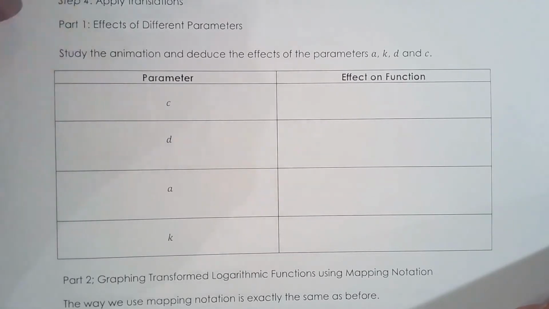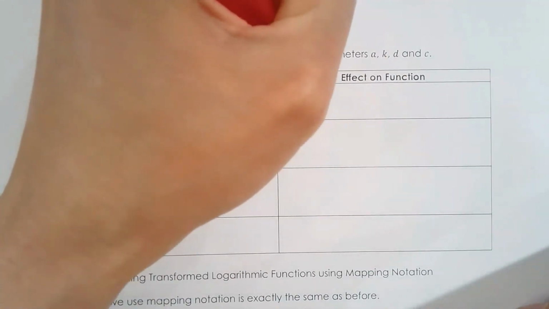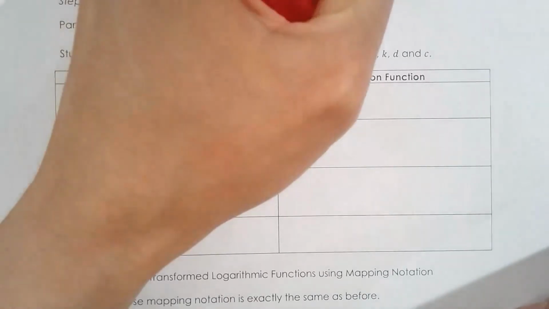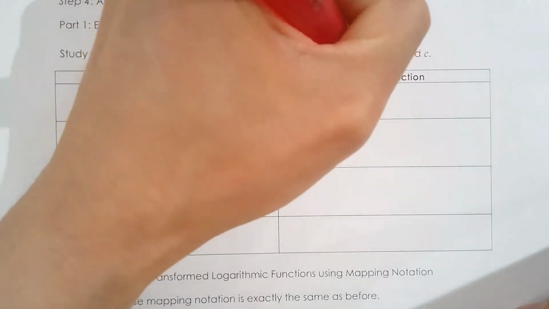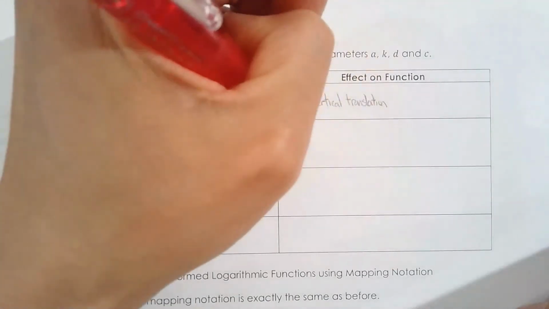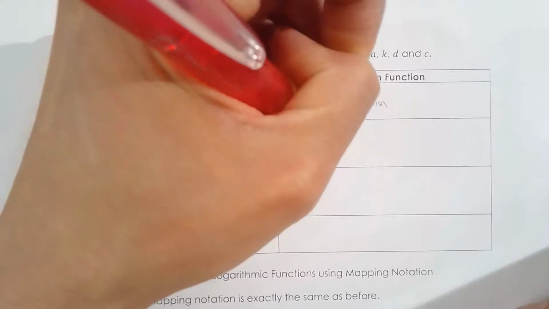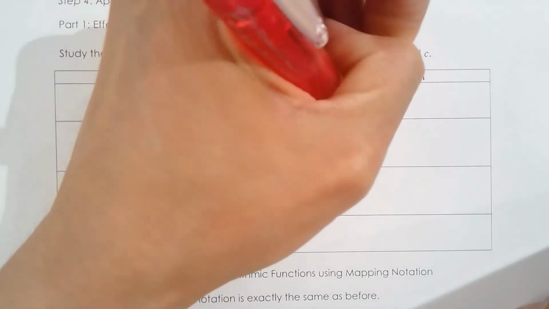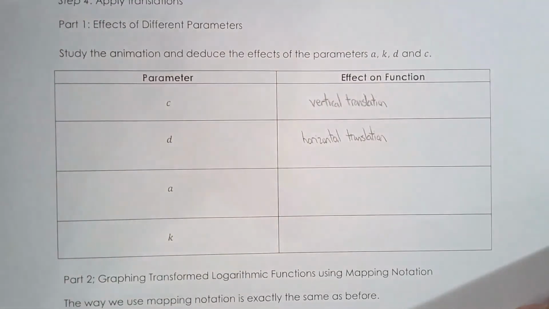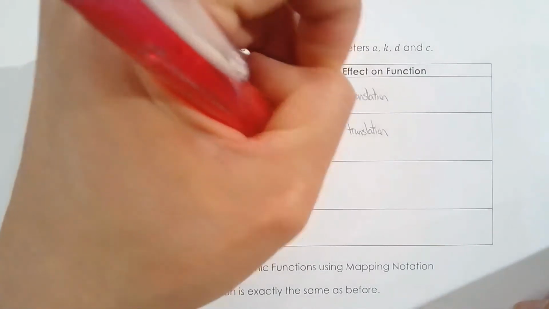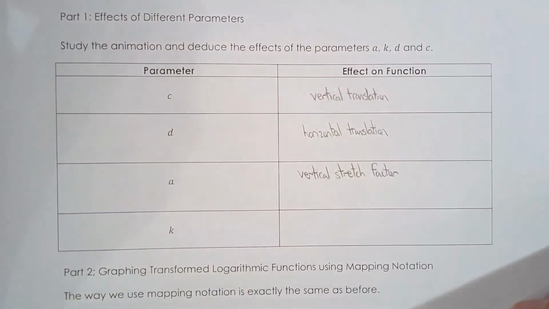So you have the four parameters. C tells us the vertical translation. D tells us the horizontal translation. A tells us the vertical stretch factor, and it also tells us if there is a reflection with respect to the x-axis.